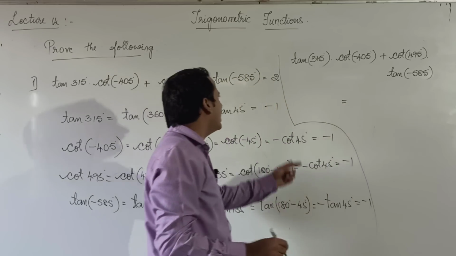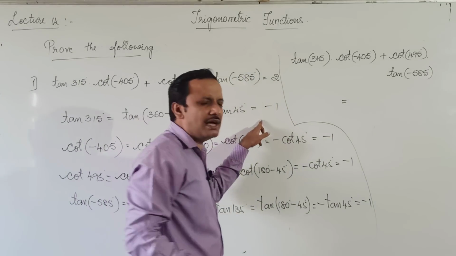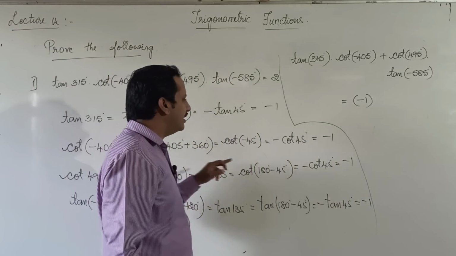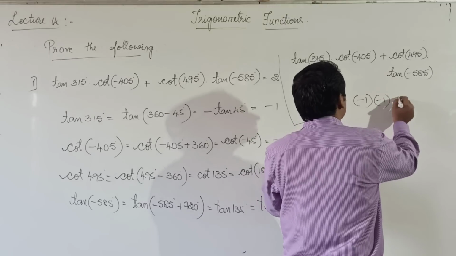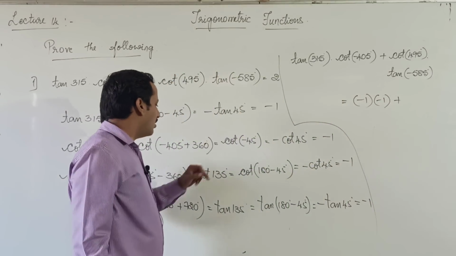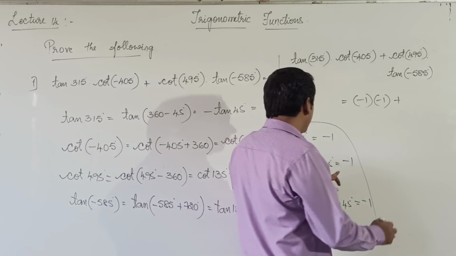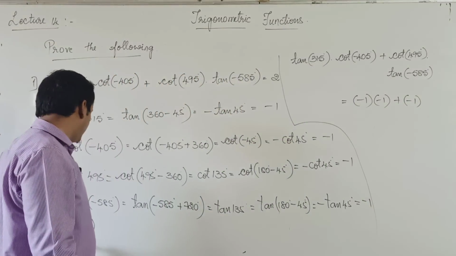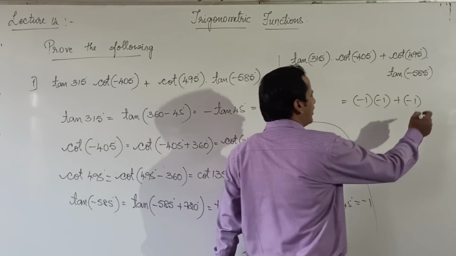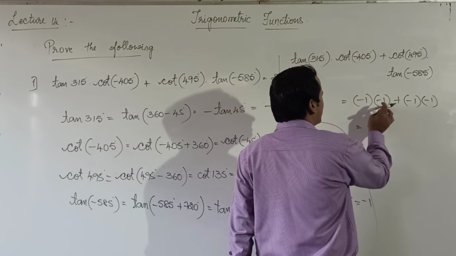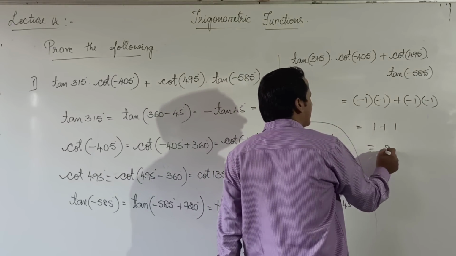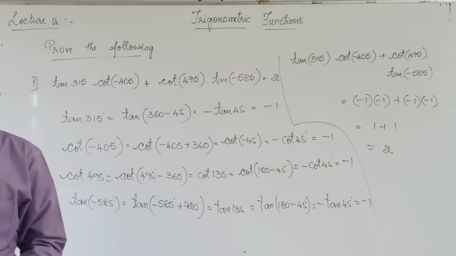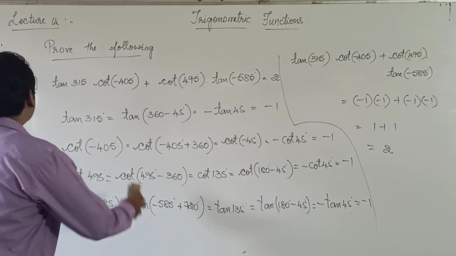Tan of 315 degree we got as minus 1, into cot of minus 405 degree, that is equal to minus 1, plus cot 495 degree, that is minus 1, into tan of minus 585 degree, that is also equal to minus 1. So minus 1 into minus 1 is plus 1, here also 1. So the sum is equal to 2. That is what we were asked to prove. Okay, next question.